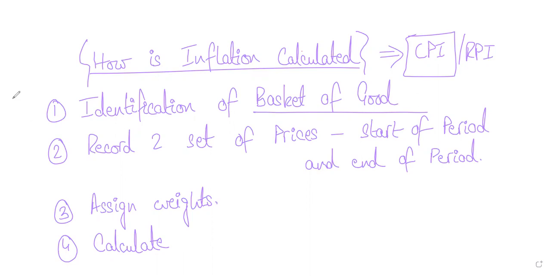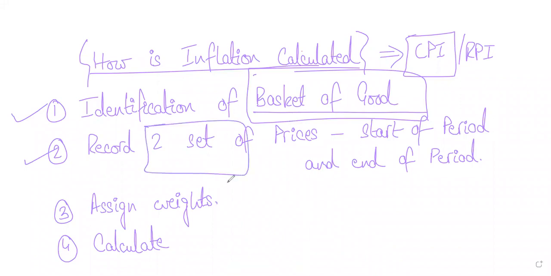What are the 4 easy steps? First of all, you have to identify the basket of goods. What is the basket of goods? It is the typical products that a typical consumer consumes in a country. The second step is to record 2 sets of prices. What do I mean by that? Prices of products at the start of the period and prices of products at the end of the period. Then you have to assign weights. Why?